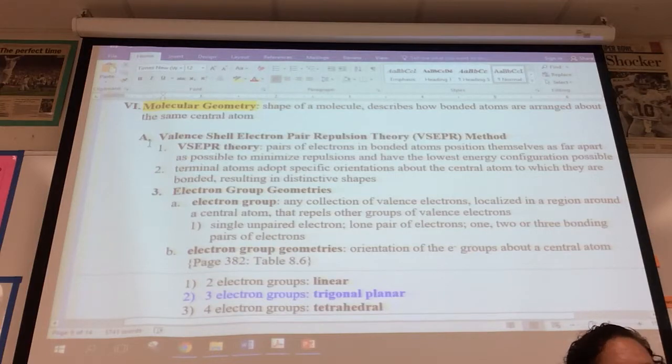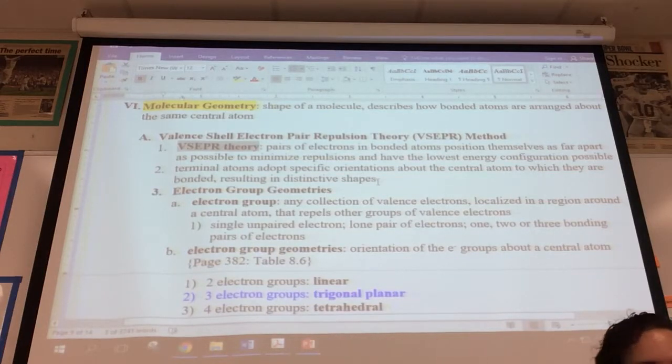Molecular geometry helps describe either the shape of a molecule or the shape with respect to each central atom of a compound. It essentially describes how the bonded atoms are arranged around the central atom. It's all based on VSEPR, which is valence shell electron pair repulsion theory.